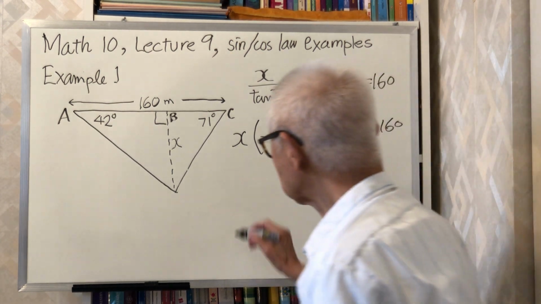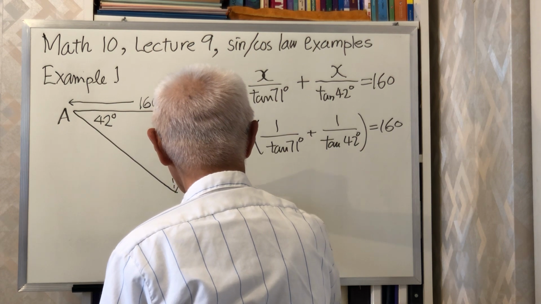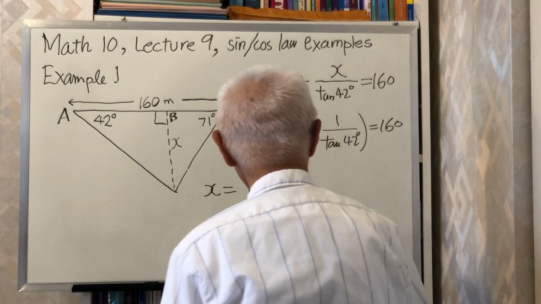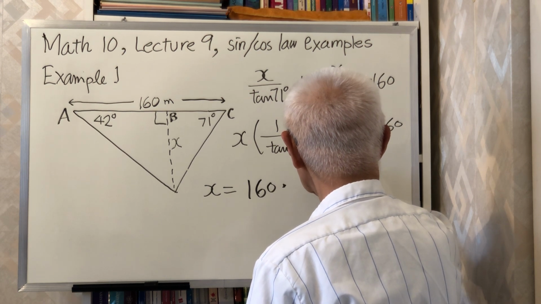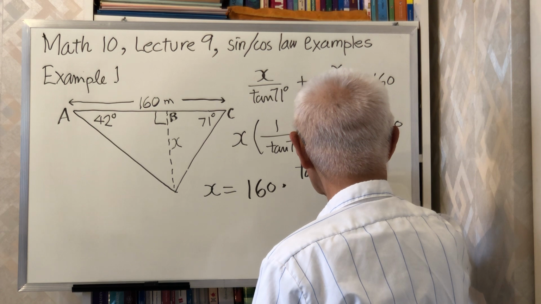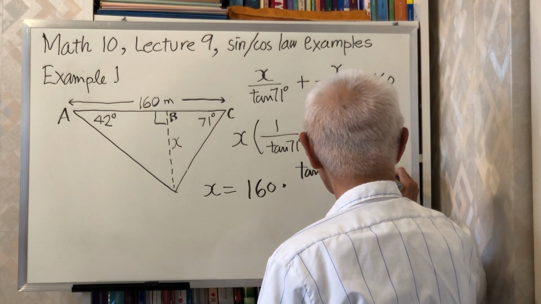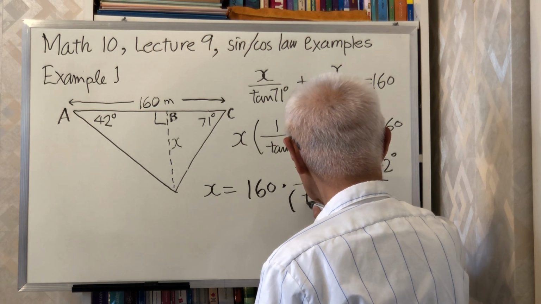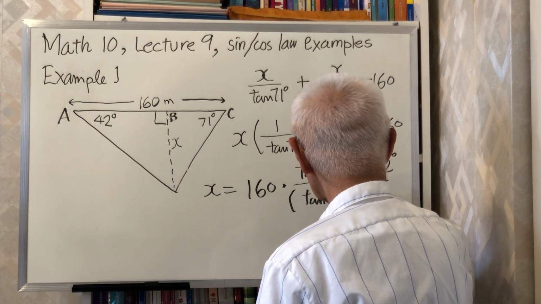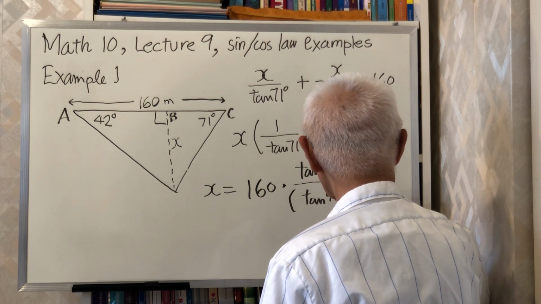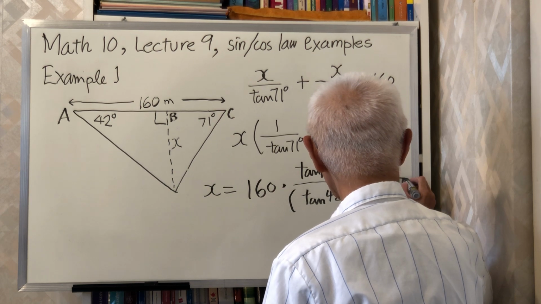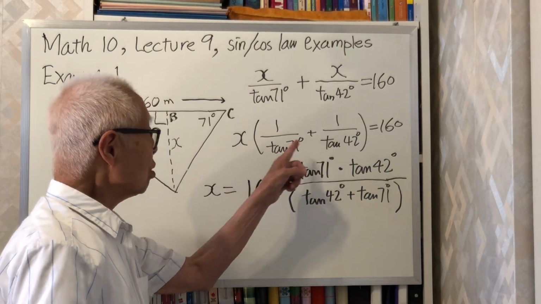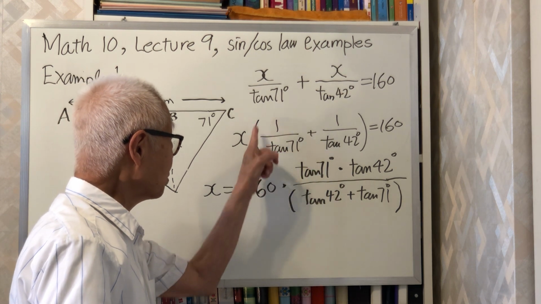Then I solve for x: 160 times, and I do common denominators for this bracket.